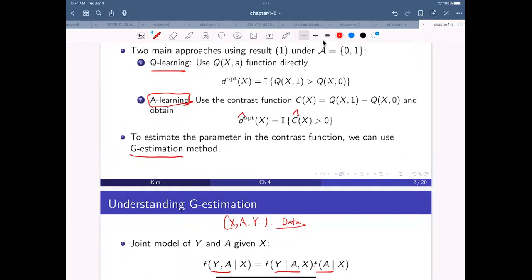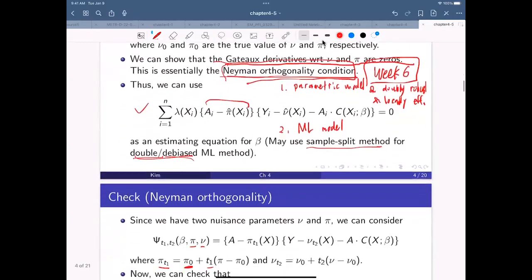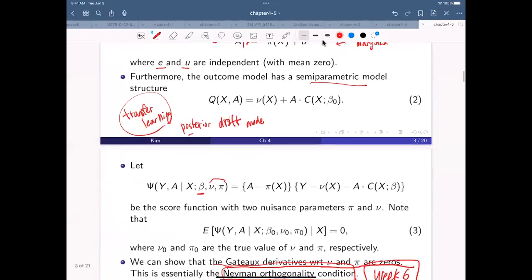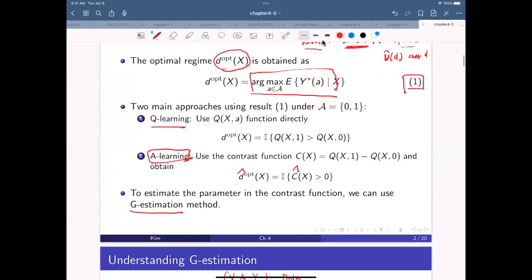Eventually you will use the estimated C hat, which in this case means you will use theta hat to compute C hat X. So there is randomness here.